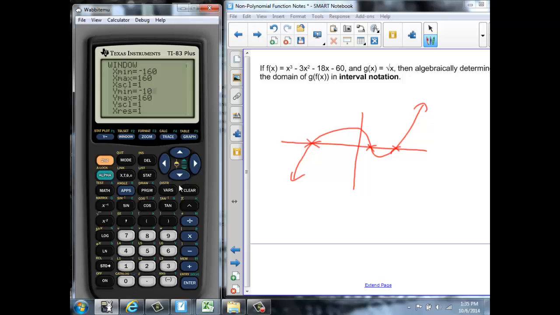Yeah, we're really going to have to change our window. It's not stopping. Did I mistype this? x to the third minus 3x squared minus 18x minus 60.